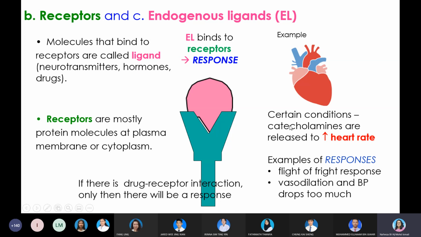Certain conditions require adrenaline to be released to increase the heart rate. Why we want the heart rate to increase sometimes is because the body recognizes that there is vasodilation. When there is vasodilation, the BP drops.